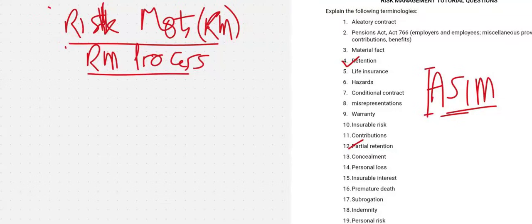All right. Now, risk management process. I'm going to the acronym IASM. So I'm going to detail the IASM. The first we're going to have is the I, which stands for identify the loss exposures.